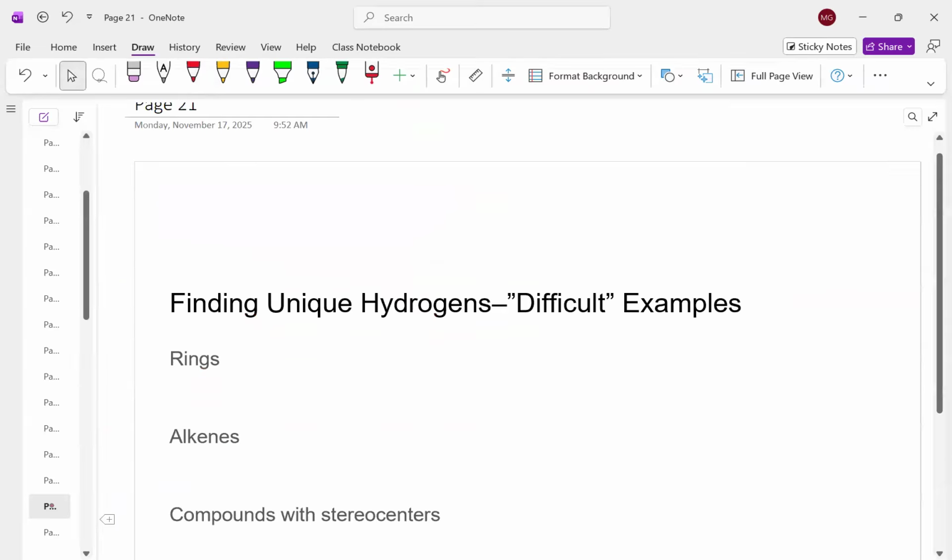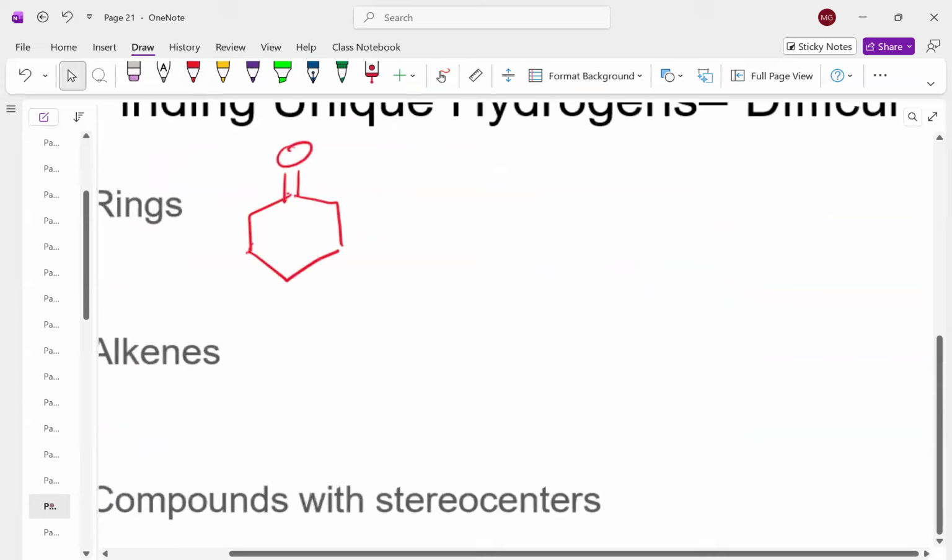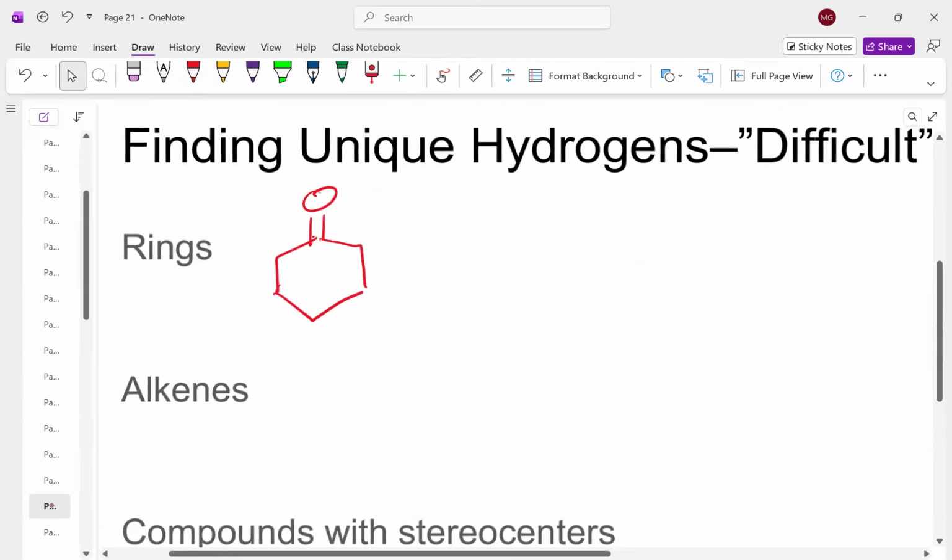Now let's talk about some more complex or difficult examples. First of all, dealing with rings. Rings get a little tricky when we're trying to identify unique hydrogens. And again, sometimes it would help to draw them all in. So I'm going to start with this.